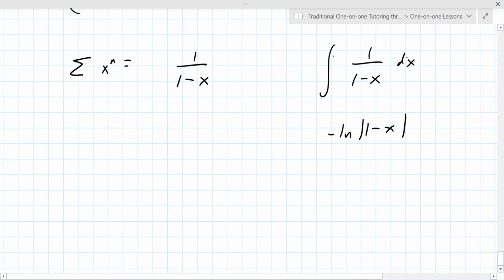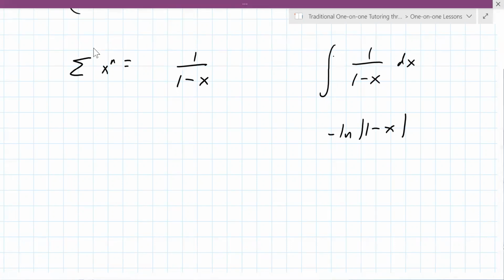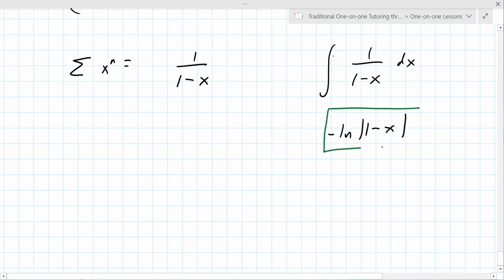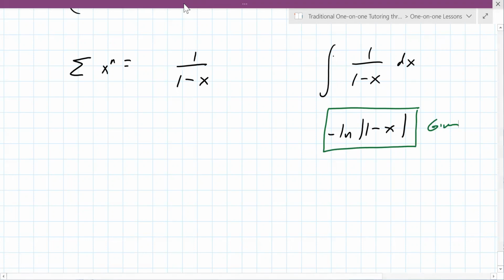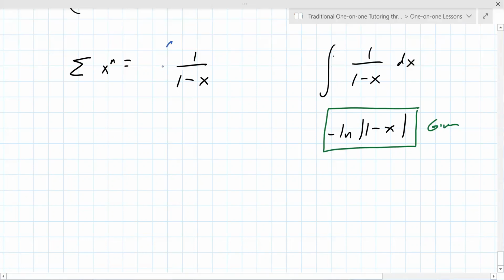So why are we integrating? You're going to be given a problem. This is what you're going to be given, like an intermediate. And you are supposed to realize that it is the integral of this.